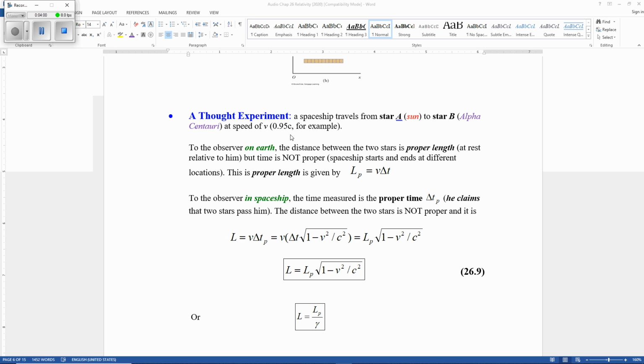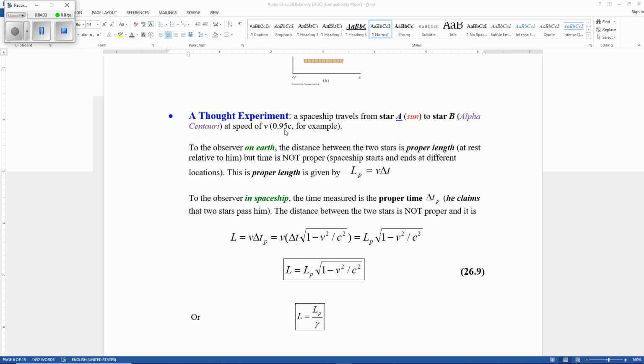So we assume we have a spaceship traveling from star A to star B, between the two stars. Of course we assume constant speed. Starting from star A, the speed already is constant and keeps the same speed all the way. We assume again it is 95% of the speed of light.